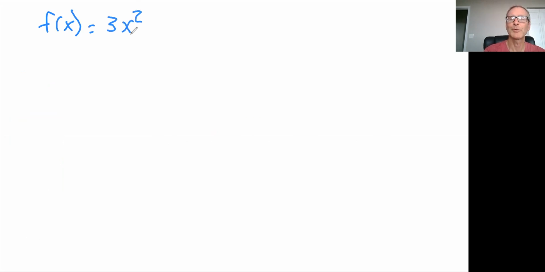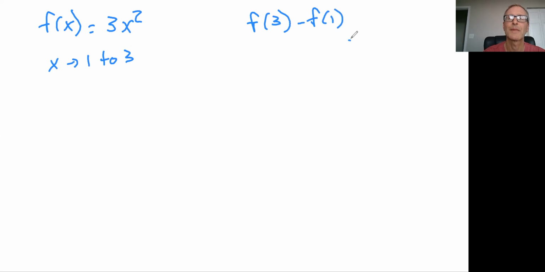And basically what we want to do is we want to linearize it from x equals 1 to 3. So we have f of 3 minus f of 1, which goes on the top. And then we'll have 3 minus 1, which goes on the bottom. So now we just have to calculate f of 3 and f of 1 and figure out what the slope is.